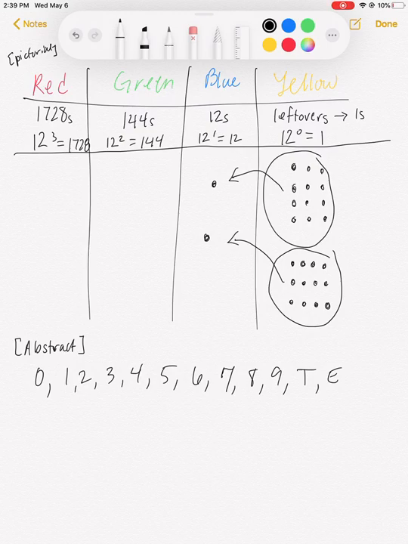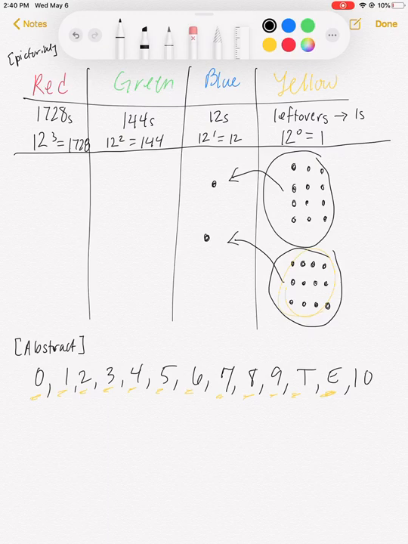Okay, so once we have 12 symbols here, we count the symbols again. 1, 2, 3, 4, 5, 6, 7, 8, 9, 10, 11, 12. We have 12 symbols. After we have 12 dots right here, just like we have 12 dots right here, we bundle them together and we put one group of 12 with no leftovers.